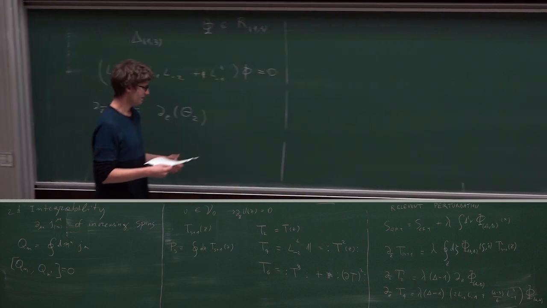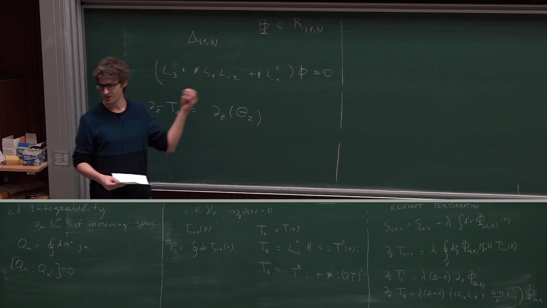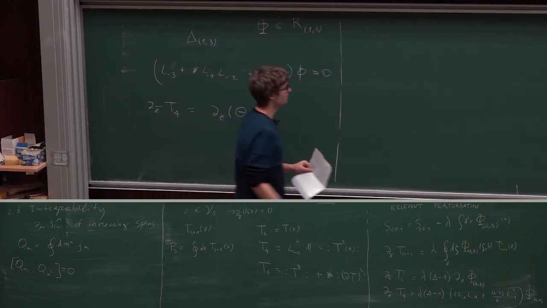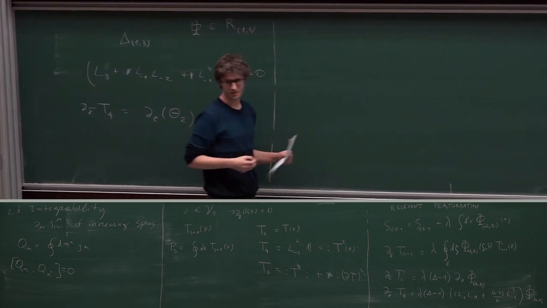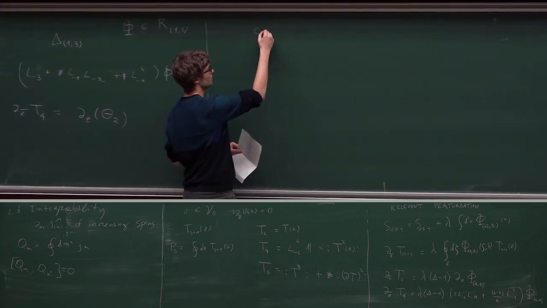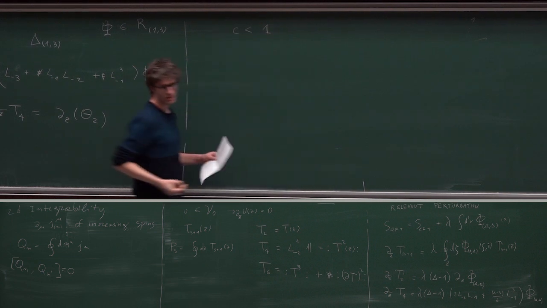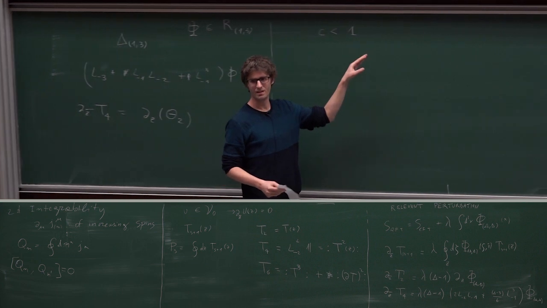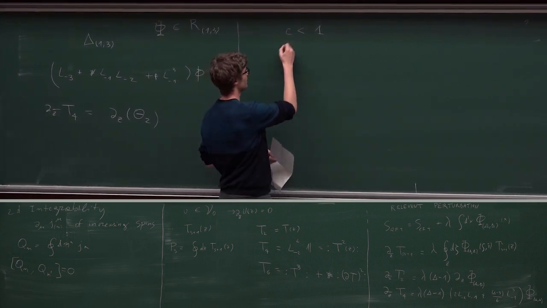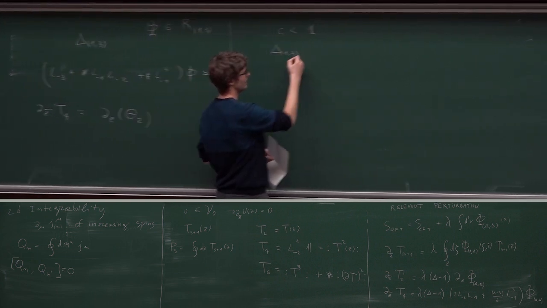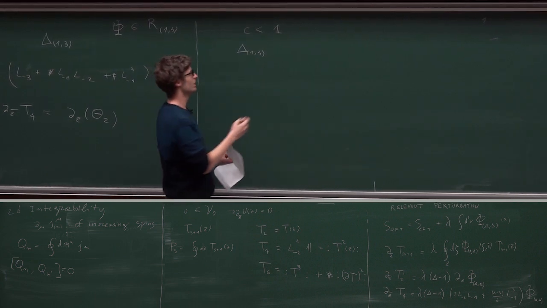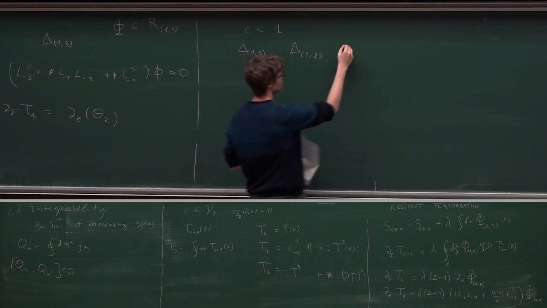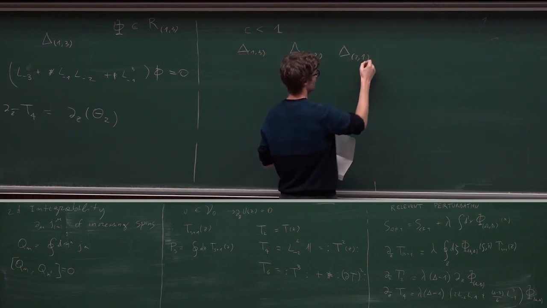And essentially, Zamolodchikov found that this pattern continues at other levels. There are some restrictions you need, because, for example, the dimension of this field is real only if c is less than 1, and it is relevant in this range. You can also consider phi 1,2 and phi 2,1.